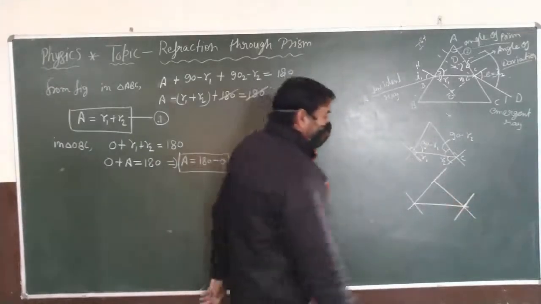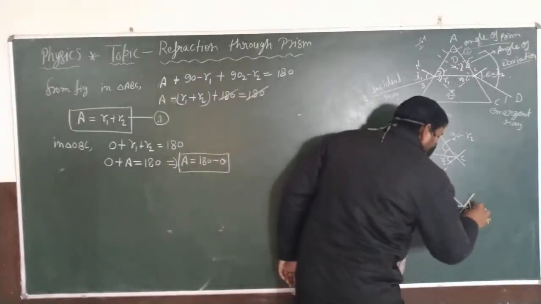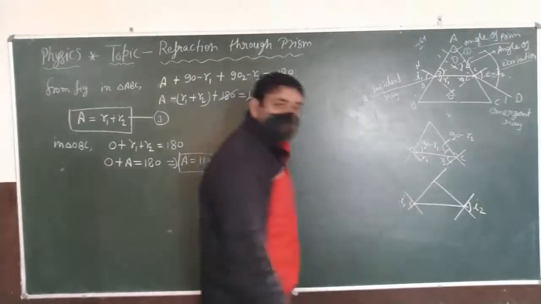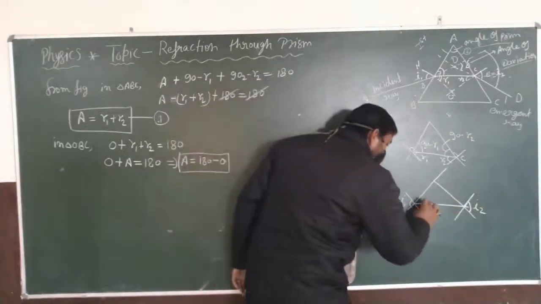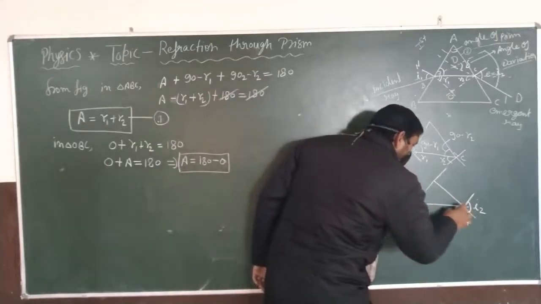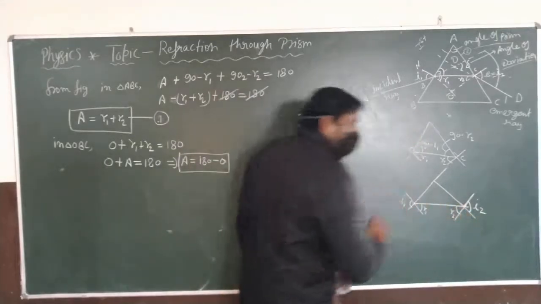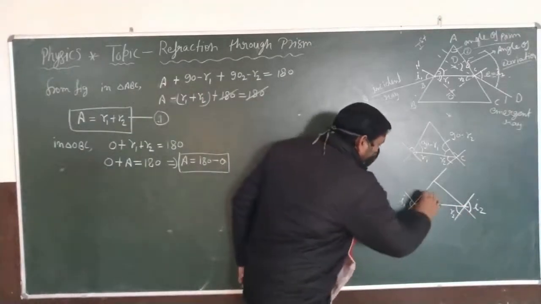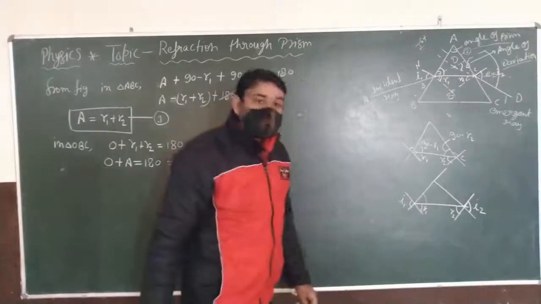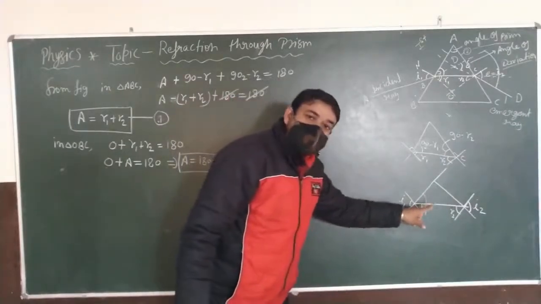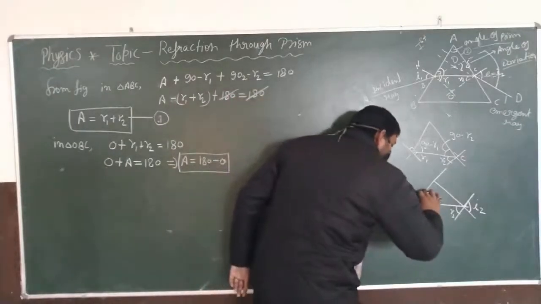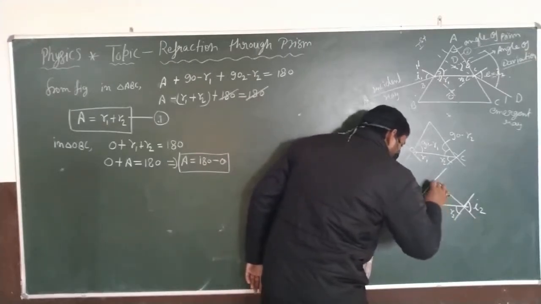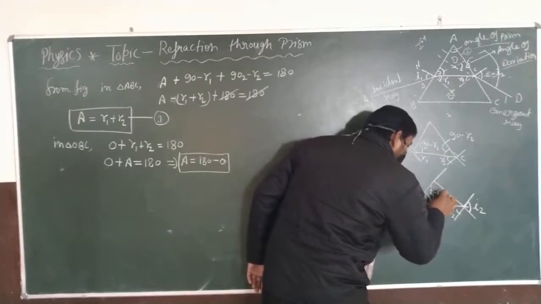Now in triangle DBC, I am pausing for you. Okay, now this angle is I2, this angle is I1, this angle is R1 and this angle is R2. Clear? So this total angle is how much? The answer is, the vertically opposite angle is I1. So you will calculate this angle, which is equal to I1 minus R1.